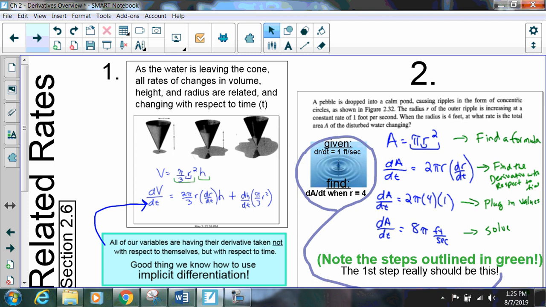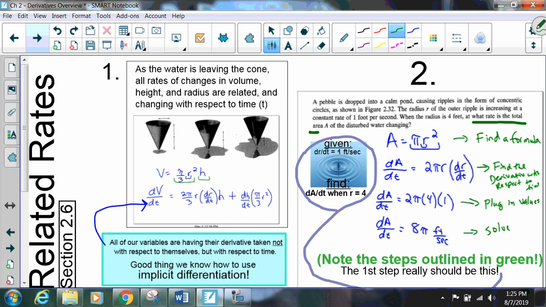Once you have the formula, you take the derivative implicitly, reminding yourself of what you are solving for. When it says at what rate is the total area changing, we know that's the derivative of A, the area, with respect to time.